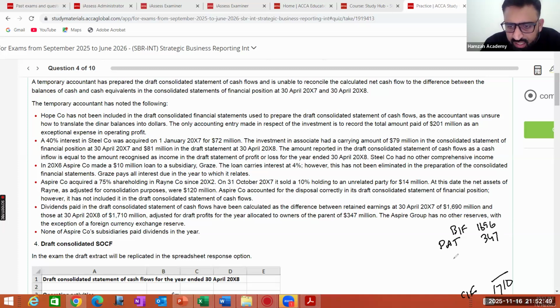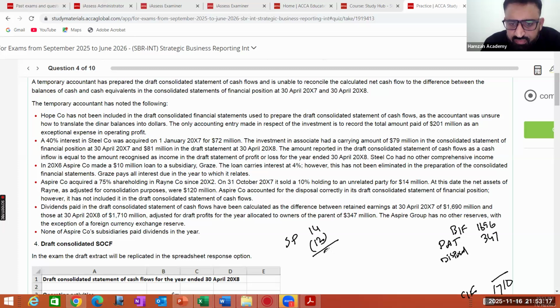Okay, and they have disposed a subsidiary as well. With the disposal of the subsidiary, they have disposed a 10% holding. Yes, they have disposed a subsidiary for 14 million, and the share they have disposed is 12.